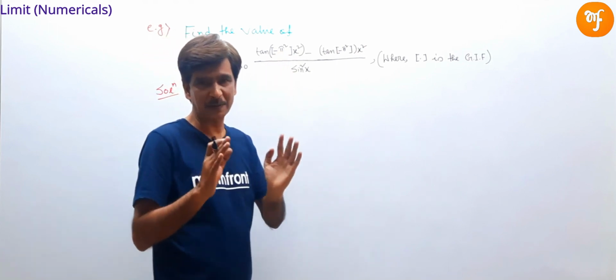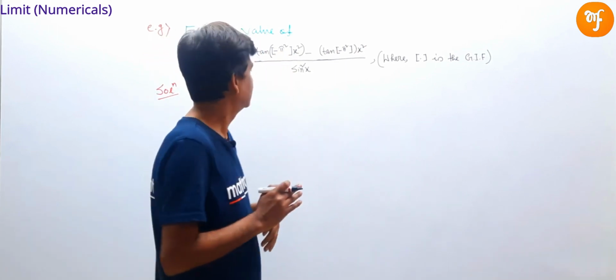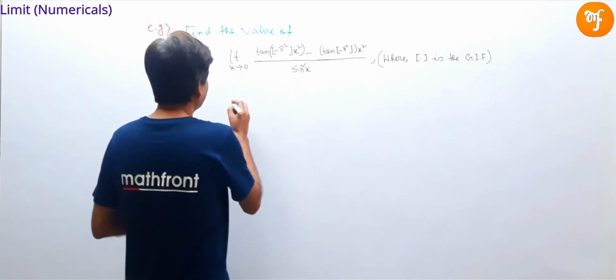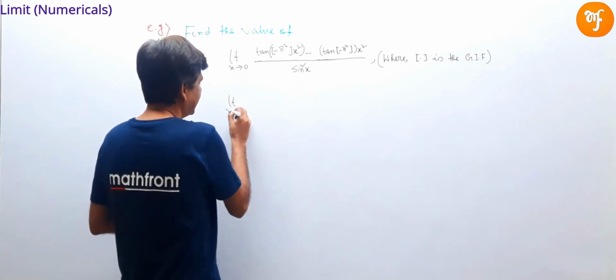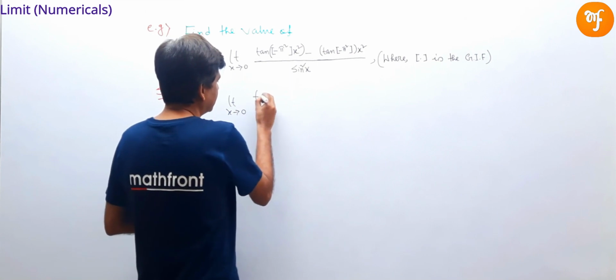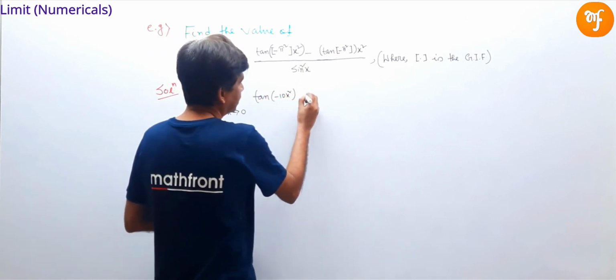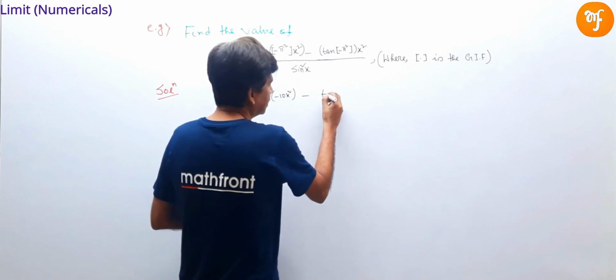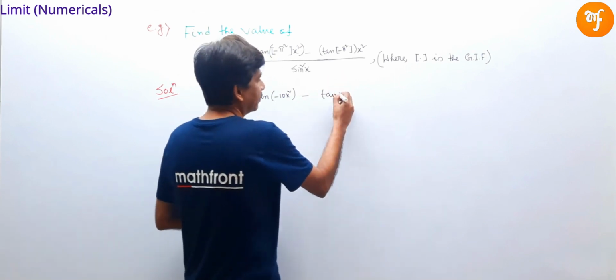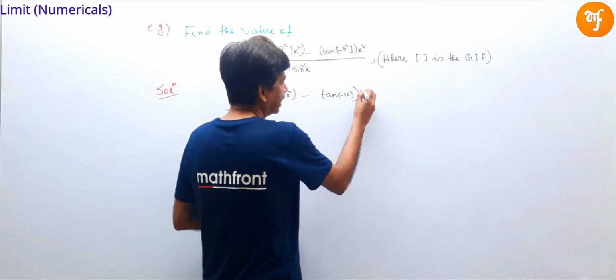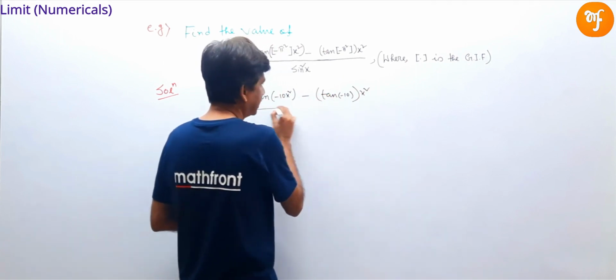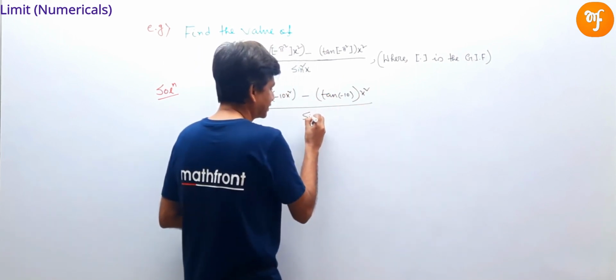So [-pi square] is nothing but minus 10. So the limit can be written as limit x tends to 0 of tan of minus 10x square minus tan of minus 10, whole into x square divided by sine square x.